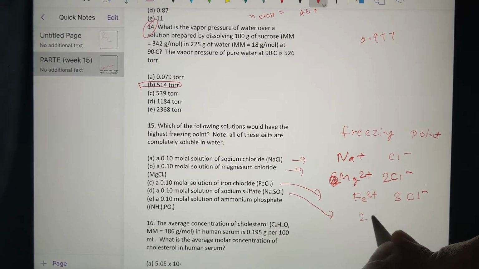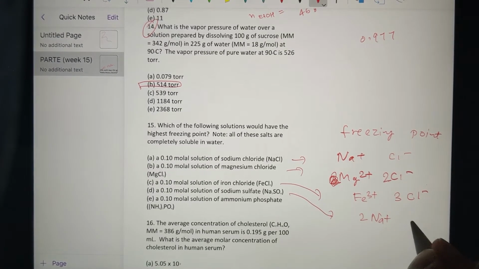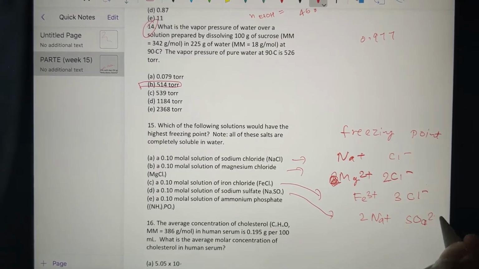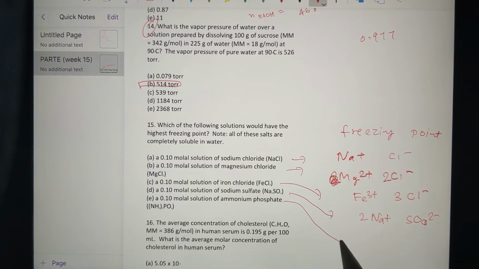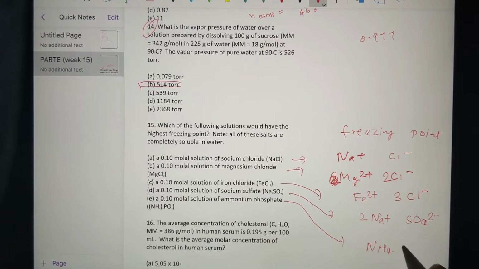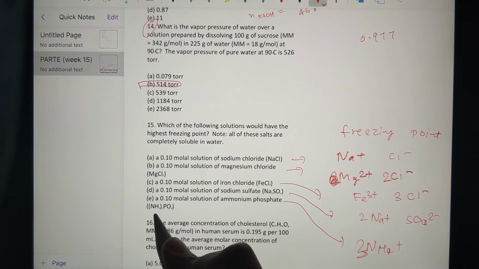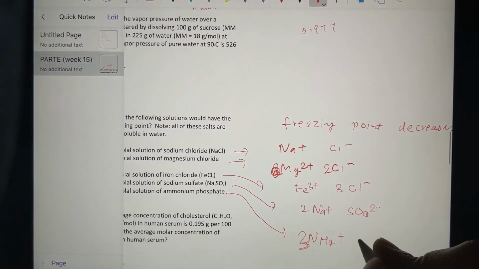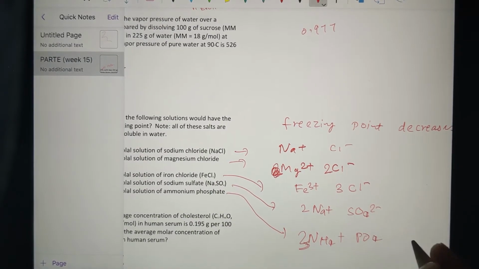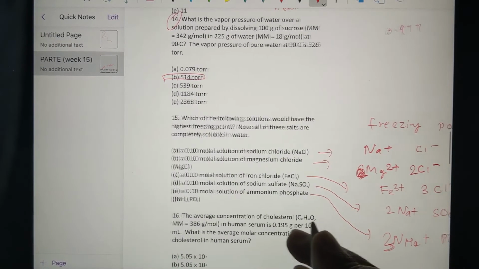This one is going to be NH4 plus 3, because you have 3 here, and then PO4.